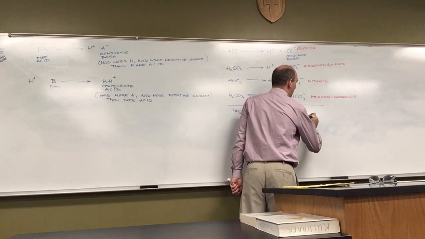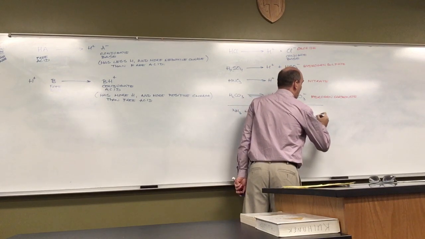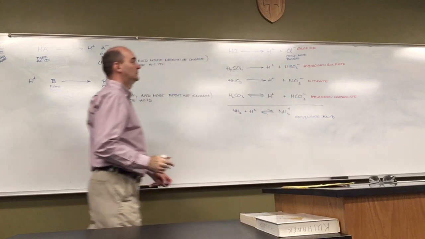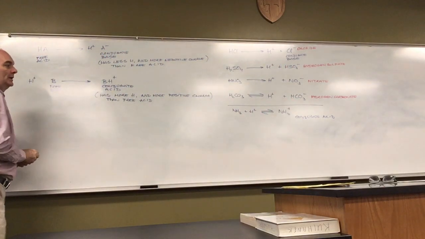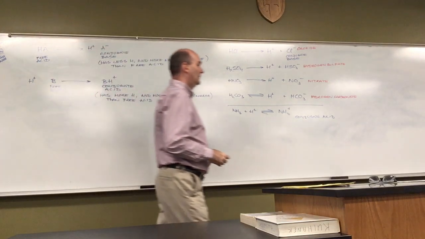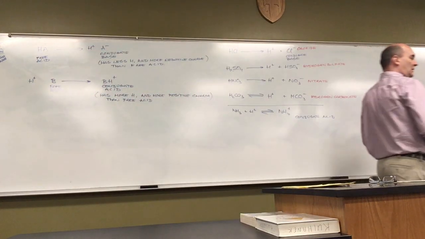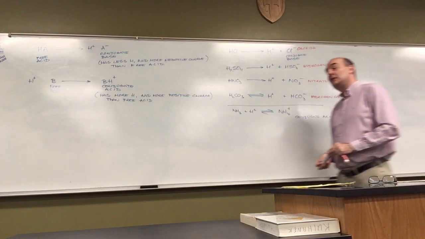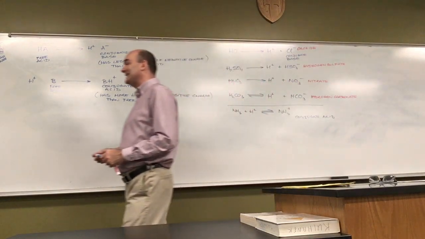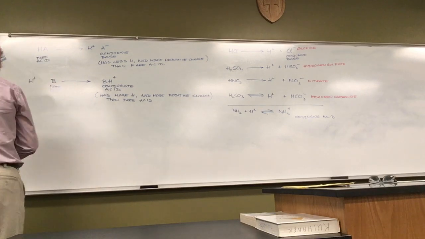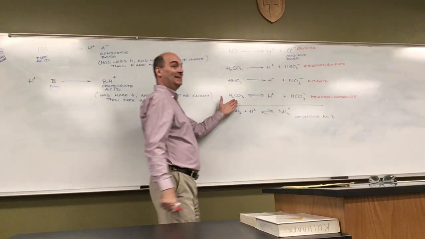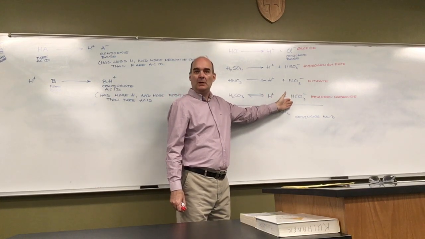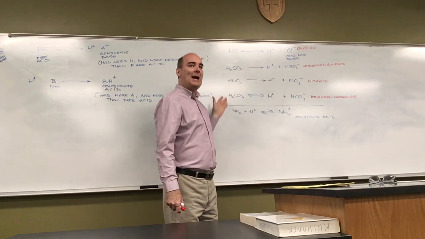And the conjugate acid contains one additional hydrogen and one additional positive charge. Now the other thing that we can do for conjugate acids is look at a weak acid and its dissociation and write it backwards.